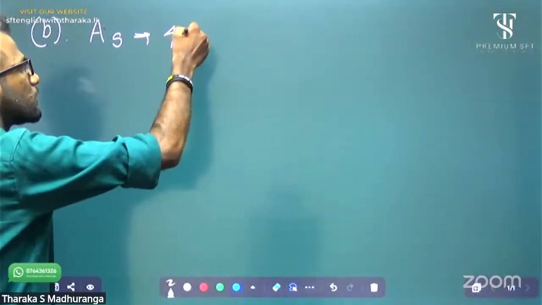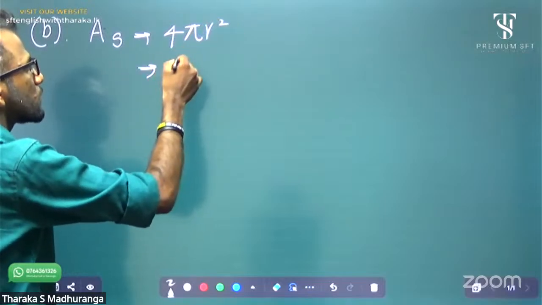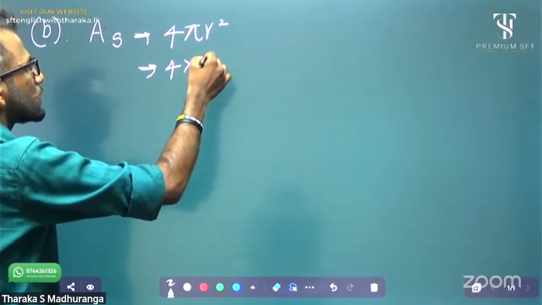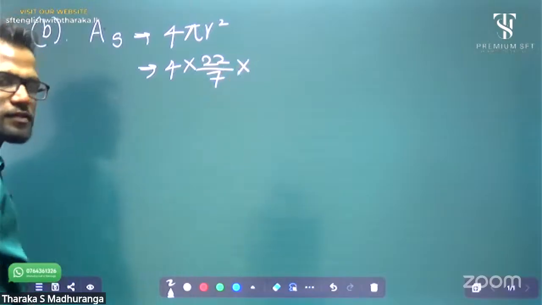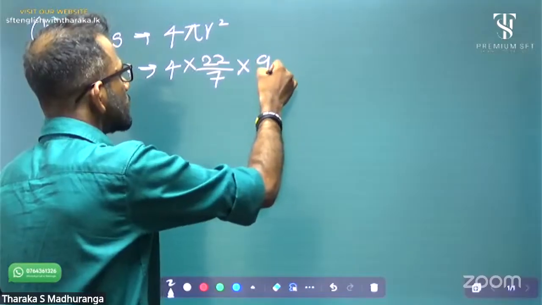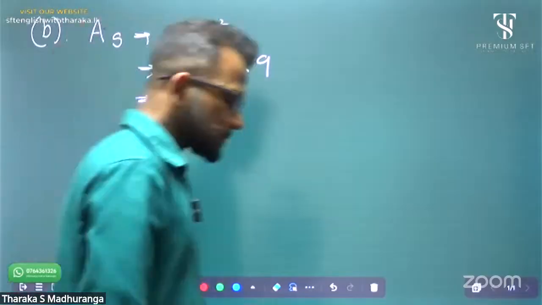You have to remember 4 pi r squared. Okay, 4 into 22 over 7, multiply radius, it is given 3. 3 into 3 it is 9.